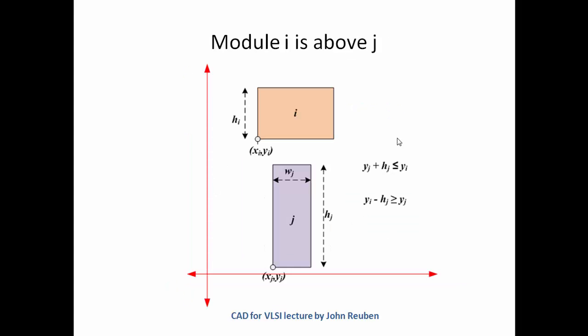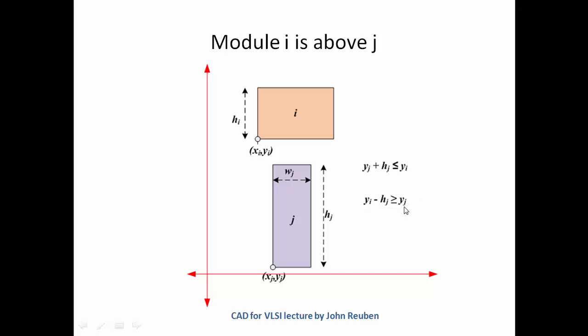And the last one is if module i is above j, then again we can write that this y coordinate yj plus the height of this module must be lesser than the y coordinate of module i. So yj plus hj must be lesser than yi. Again I am writing it in this fashion to keep i on the left hand side of the inequality. So I bring yi minus hj as greater than yj.